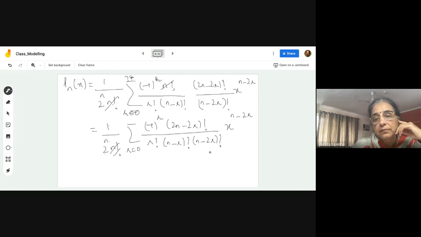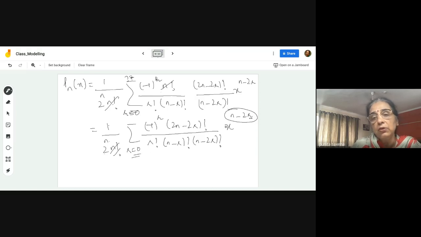Now see, how far can r go? From 0 to which place? I want this term to be always non-negative. Minimum, what can it be? 0. So for that, I need not bother because my r is starting from 0, definitely.